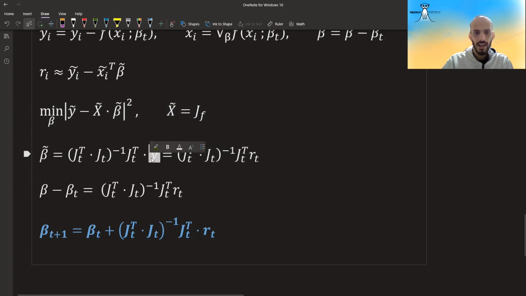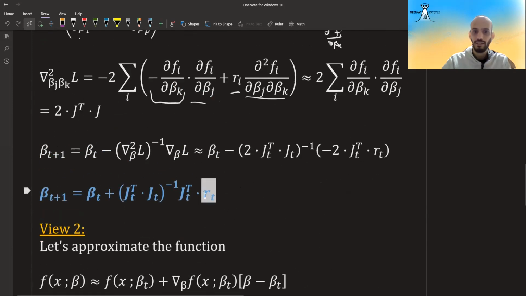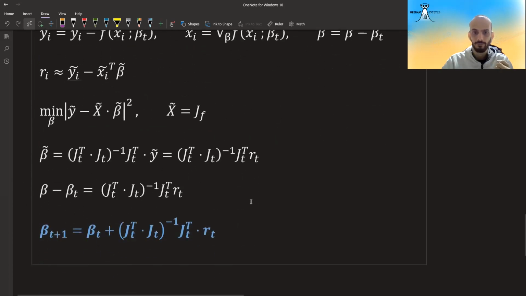And what is the yi tilde? Well, yi tilde is just yi minus the function value at the current guessed parameters. So it's basically just the residuals at time step t. This is the same thing as the residuals here. It's exactly the same thing.